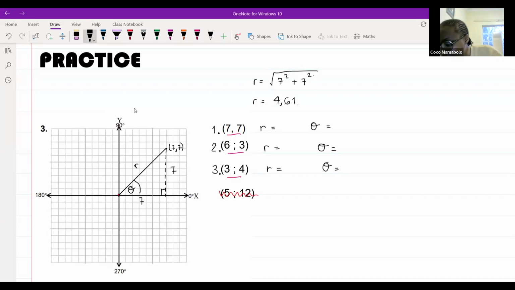Or am I lying, guys? Ooh, I found the cube root instead of the square root. My bad. 7 squared plus 7 squared gives 7 root 2. I figured it should have been something with a 7 in it. So R becomes 7 root 2. That is the distance there.